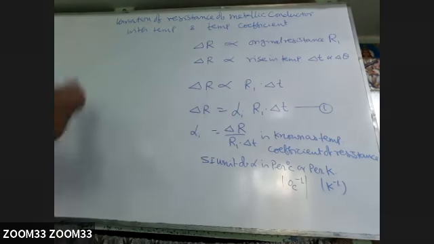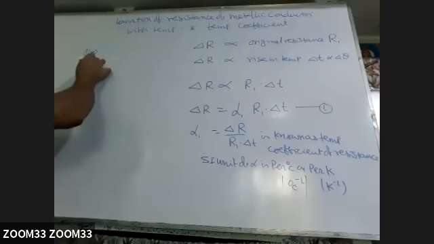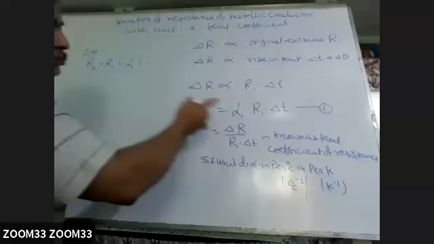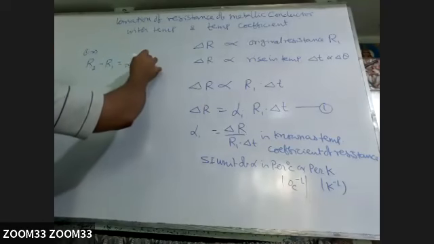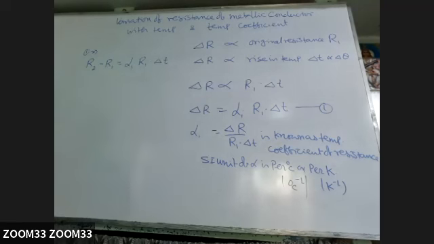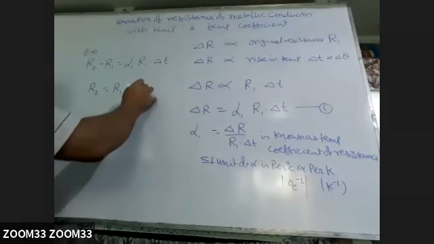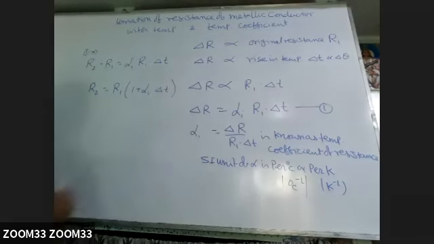From this we get delta R, meaning R2 minus R1. So taking R1 to this side, R2 will be R1 common, 1 plus alpha 1 delta T. Delta T means T2 minus T1.